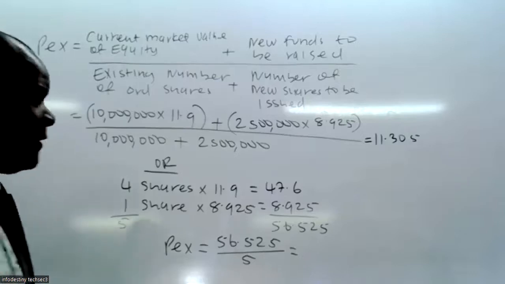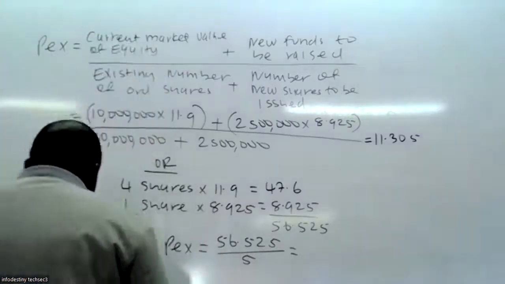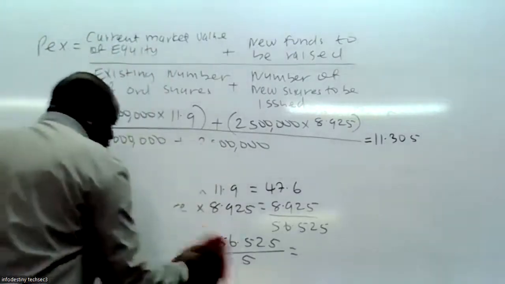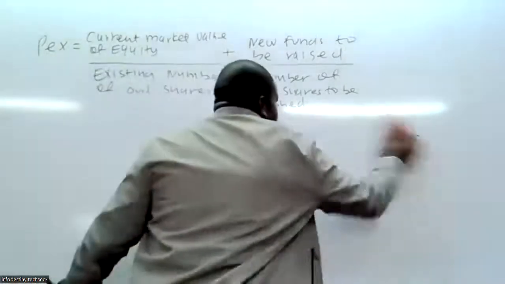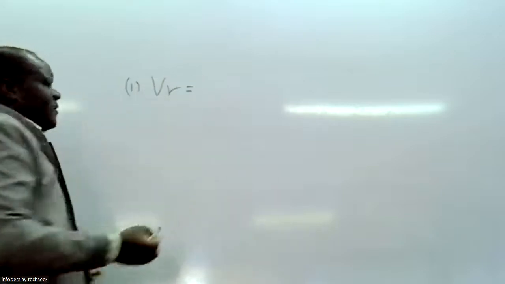So let us now go to the Roman letter 2. So Roman letter 2, there are 3 formulas I gave you today. The first one is the value of the right.